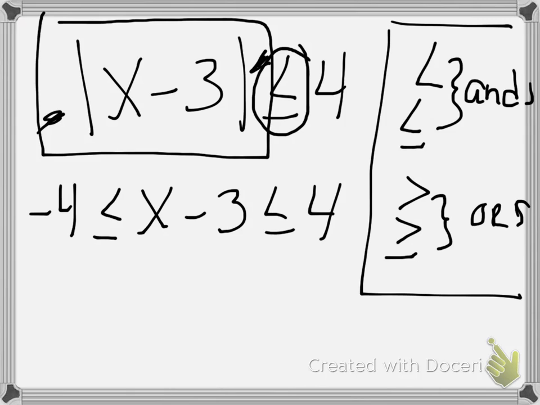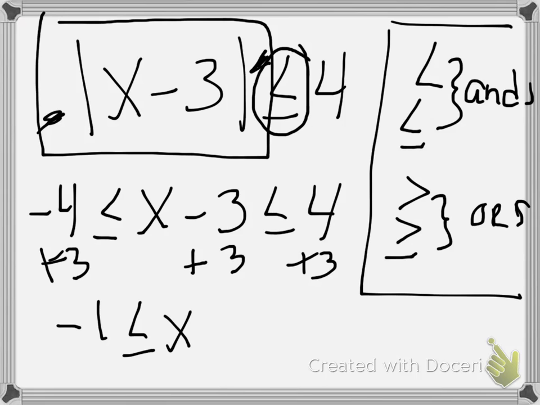Now think about the last slide, where I talked to you about how the absolute value of 3 is 3 and the absolute value of -3 is also 3. That's why we have to put the negative value on there as well. Then we solve it just like we did the other day. We add 3 to all 3 parts, which gives us -1 is less than or equal to x, which is less than or equal to 7.